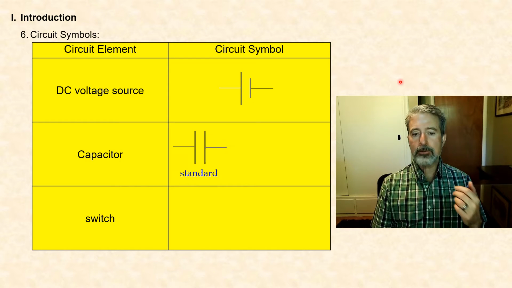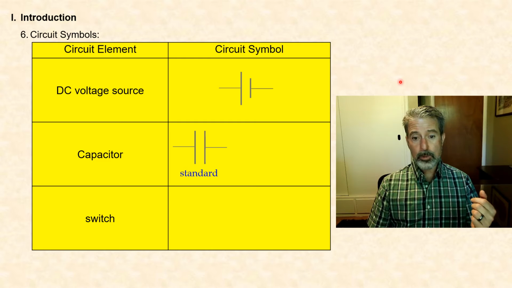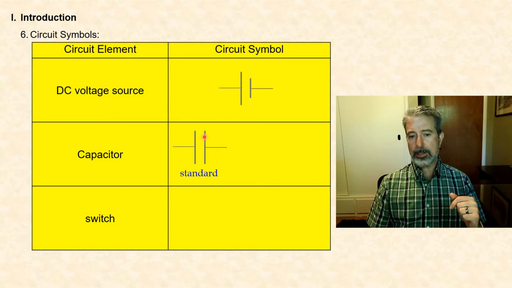This is not to be confused with a capacitor. Now we're going to introduce two types of capacitors. A standard capacitor we draw this way. Notice that the symbol looks very similar to that of the DC voltage source. What's different? Well, for the capacitor, the two parallel vertical lines are the same size.